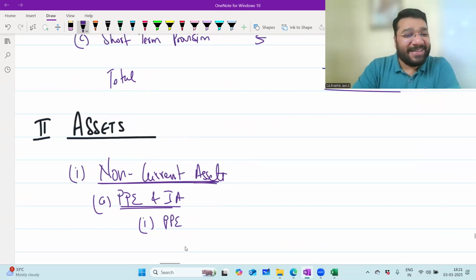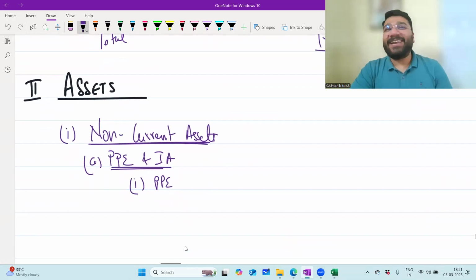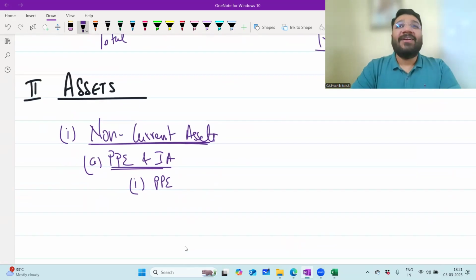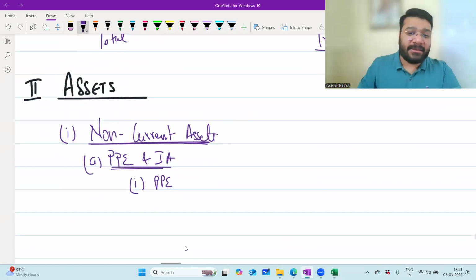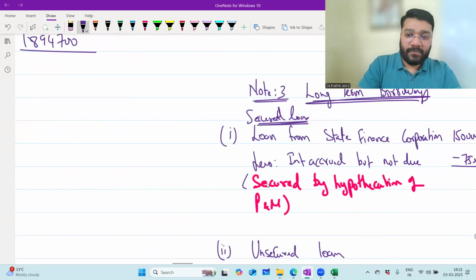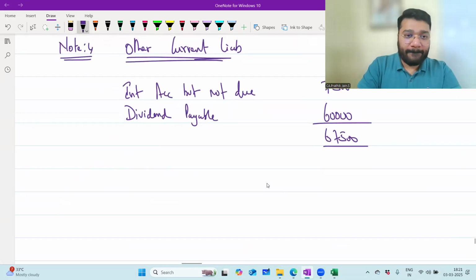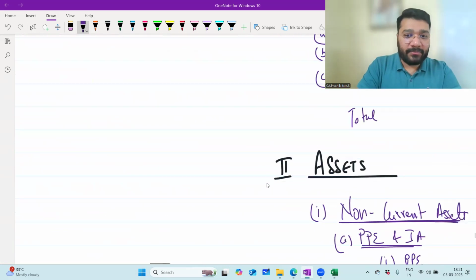Okay, we have PPE. Do we have intangibles? Any capital work in progress, intangible assets under development? No. So what is the note number 6? We'll put it here.